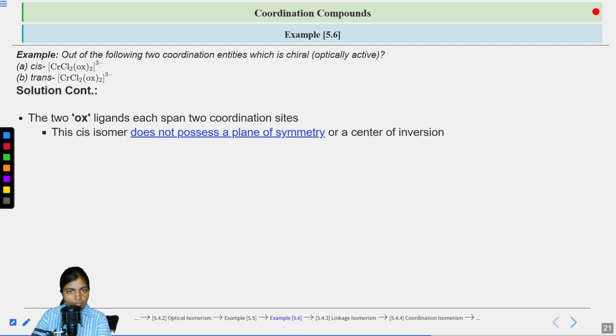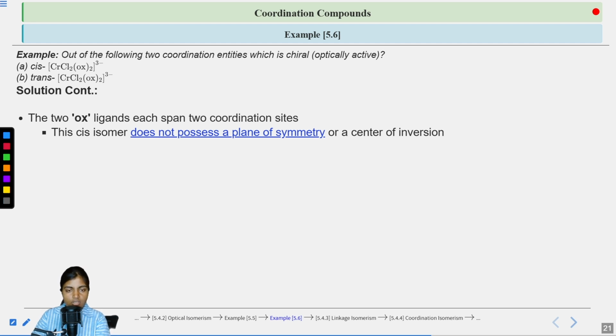So a plane of symmetry will not be present. A plane of symmetry arises when, along a plane or along any axis, you are obtaining similar ligands or side atoms present along that axis in a plane, then the complex is going to possess the plane of symmetry.